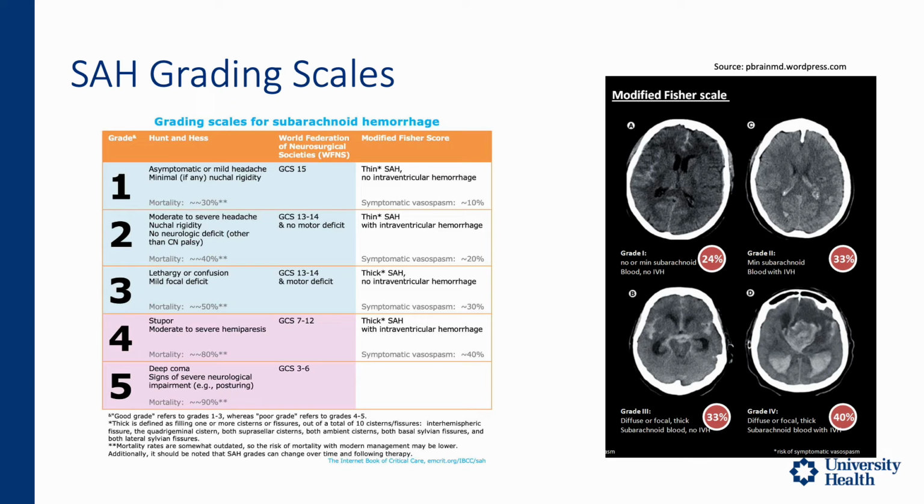And then you also have your modified Fisher scale, as you can see here on the right, on CT heads. It's basically how big is the intraventricular hemorrhage, or how big is the bleed.